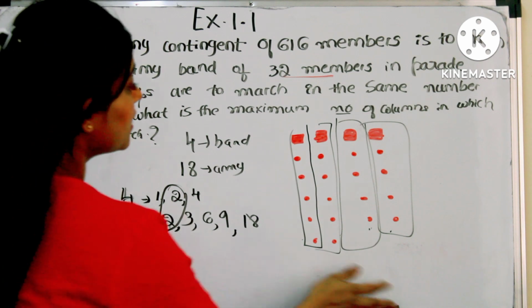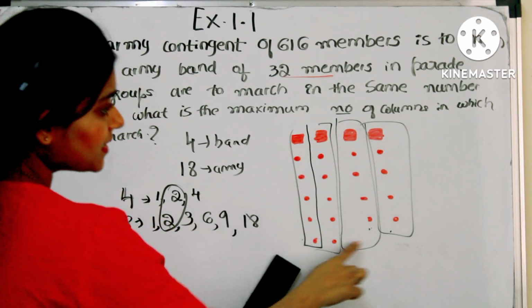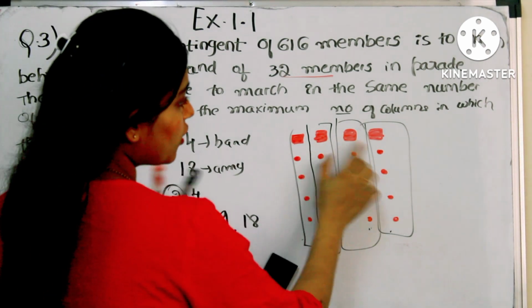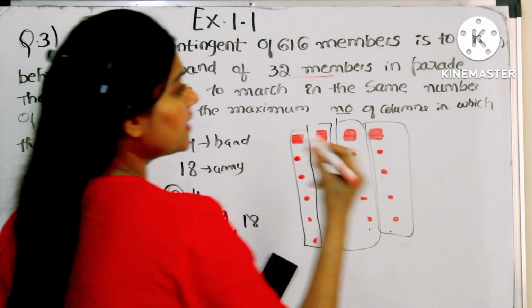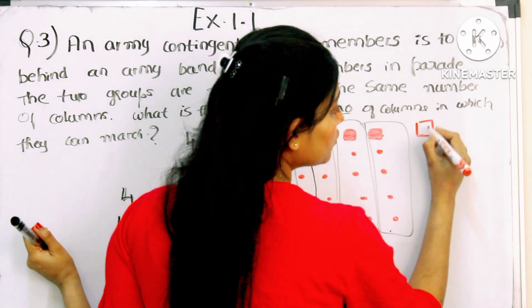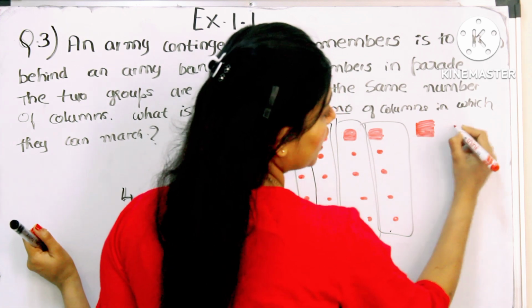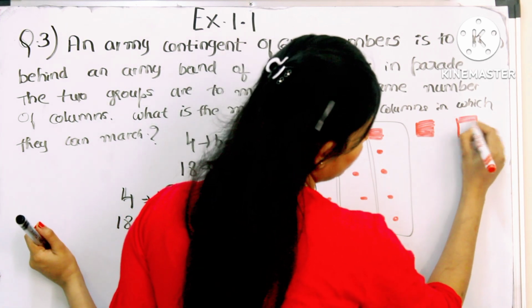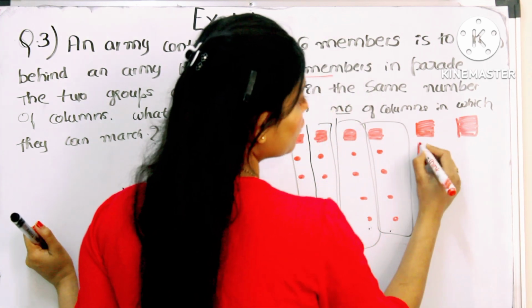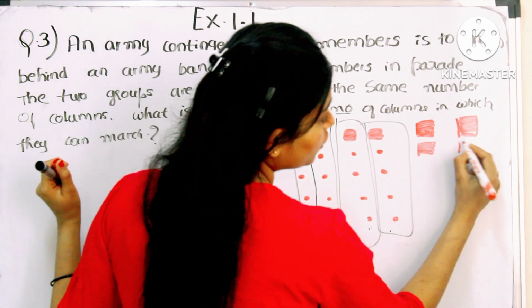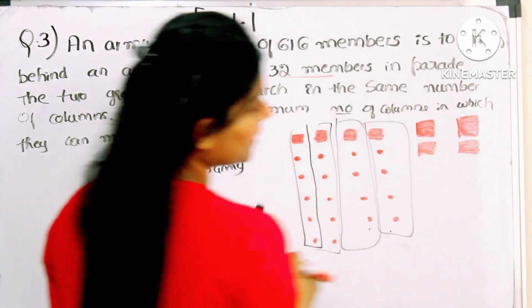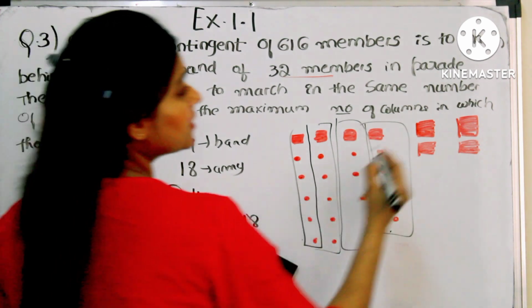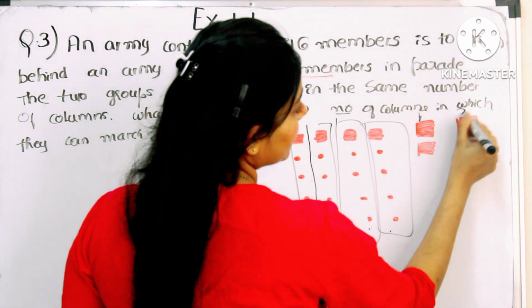So this means you have to divide them into 2 groups, that is, make 2 columns. The 4 bands are completed in 2 groups: this is the first group and this is the second group.